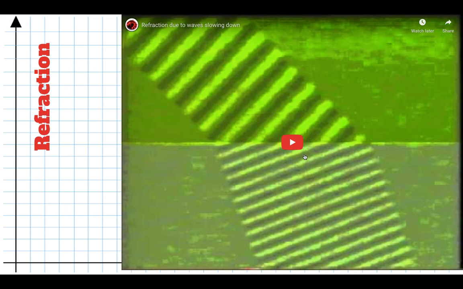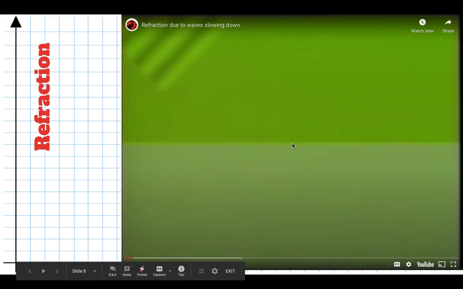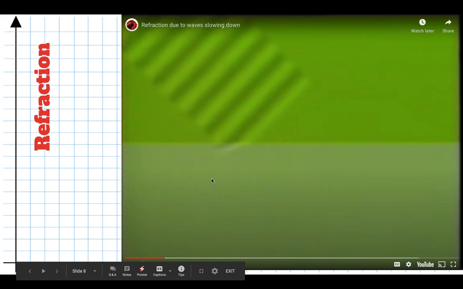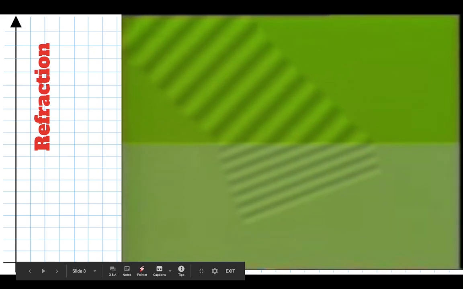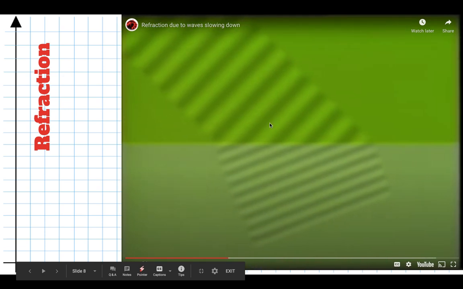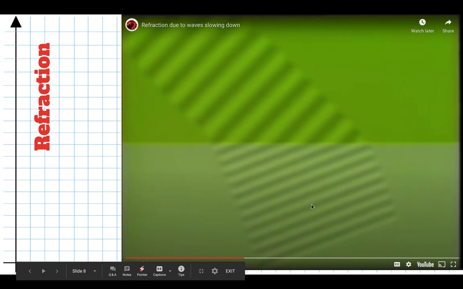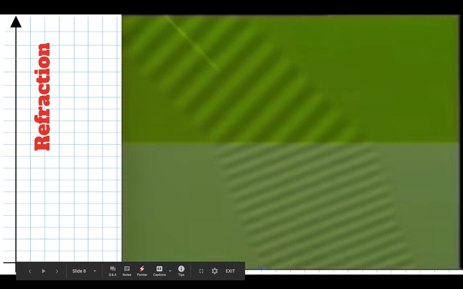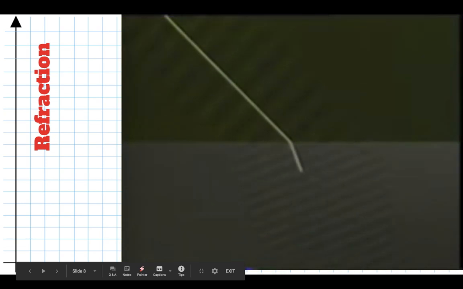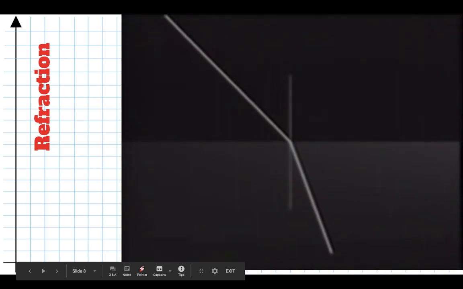Here's a little animation that shows what's going on. Light waves are coming in at an interface where they slow down. Down here, the light waves are moving slower, and you can see that the direction of those waves actually changes. Here they're going in this direction, and now they're going in that direction. So the direction of the light changes. These are water waves, so there's the incoming wave and there's the refracted wave.